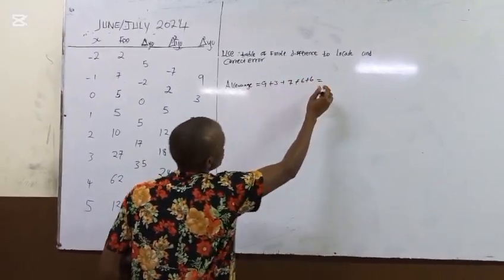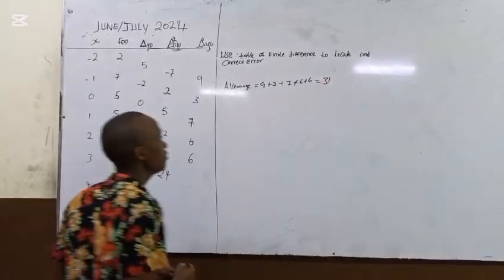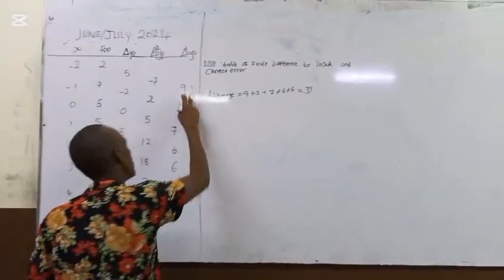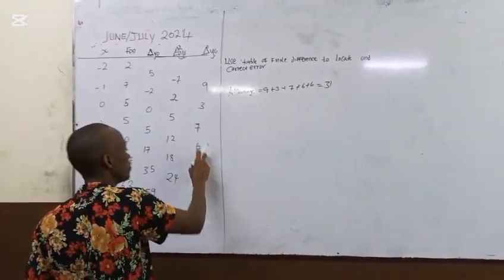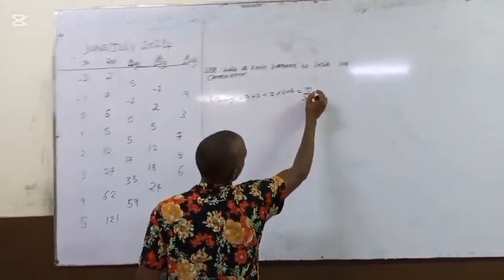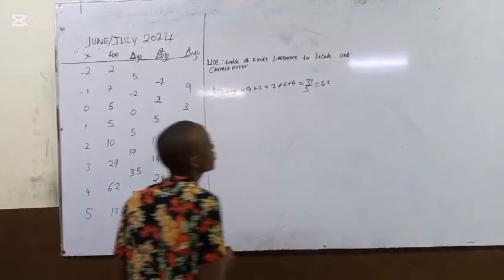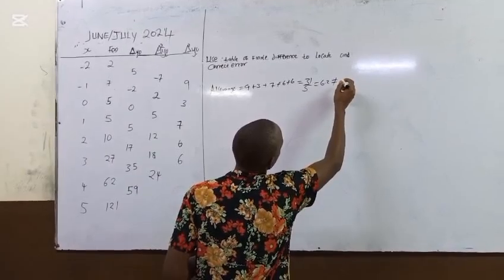If we divide that by the number of values, which is 1, 2, 3, 4, 5, divide by 5, we get 6.2, which is approximately 6.